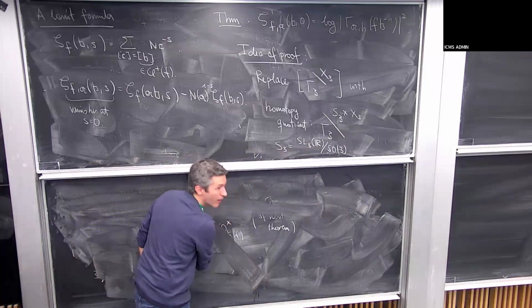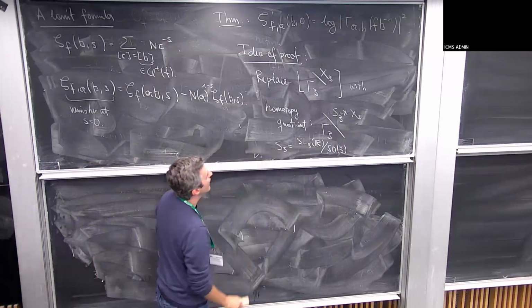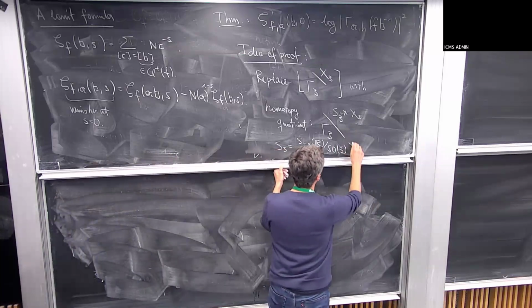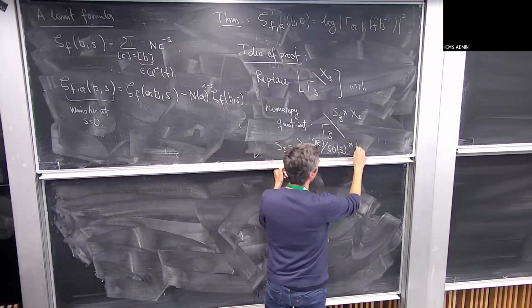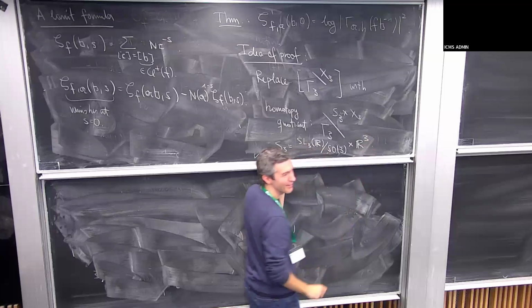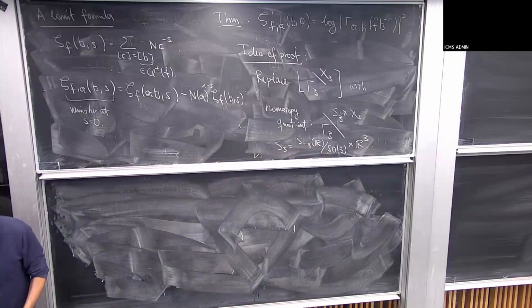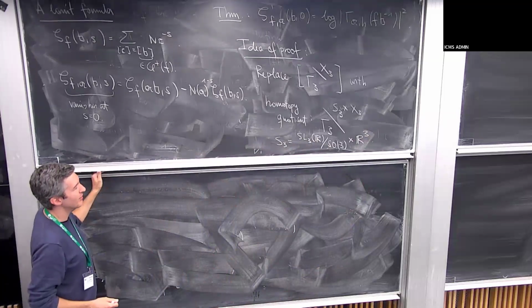Did the Z3 part act on S3? Yes, thank you. Sorry, gamma 3 was a semi-direct product, so I have to take that into account. I keep thinking only of the SL3 variable, but you're absolutely right.